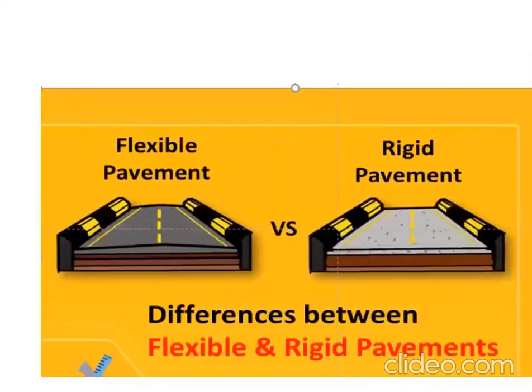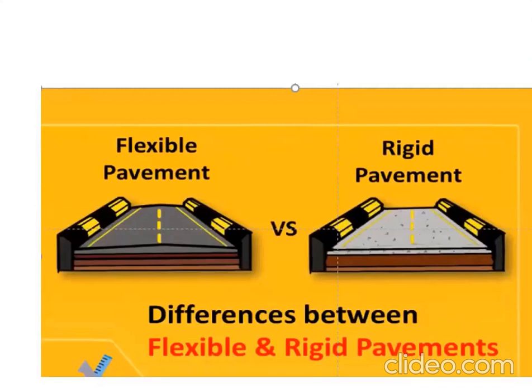Generally, in this scenario, you can define the pavement as either flexible pavement or rigid pavement. Before I move ahead, as you can see on your screen, there is a composite pavement as well.